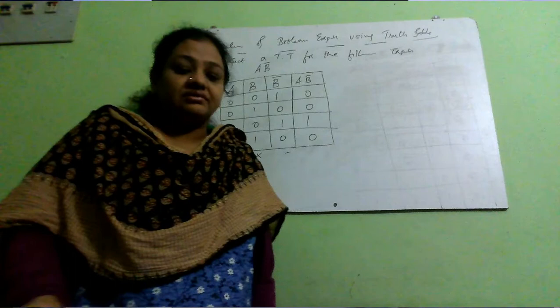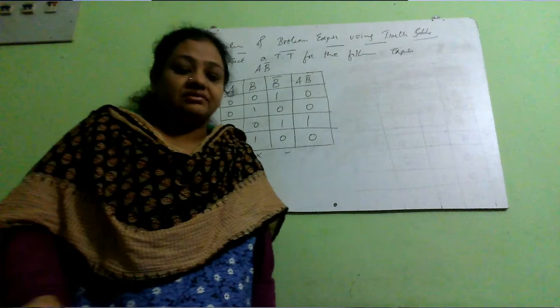First, we need to see how many variables are there in the expression. So there are two variables, two logic variables. And the two logic variables are, one is A, the other one is B. Then we will see, is there any complement?